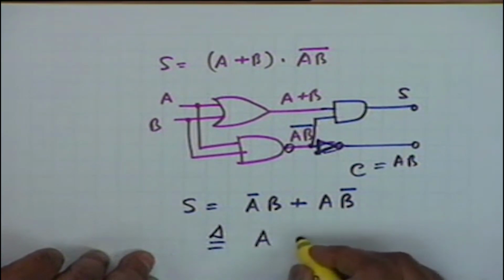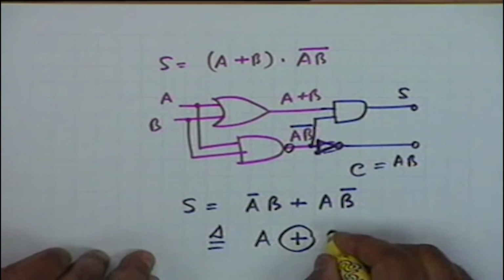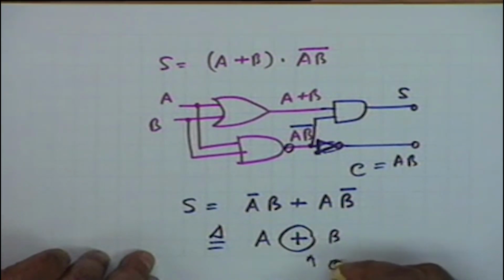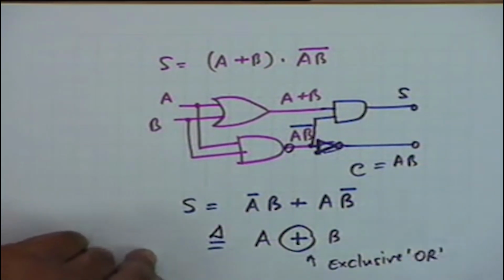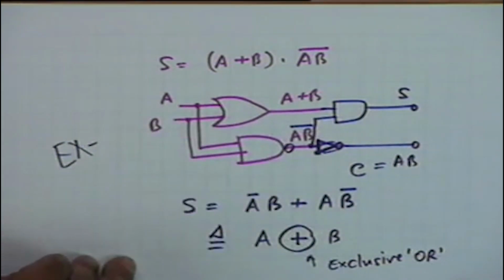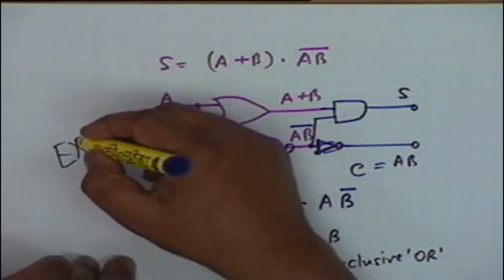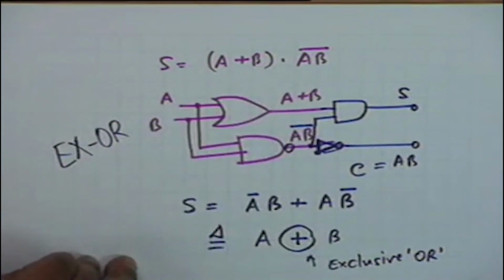That is A, and for exclusive OR you put a circle around the OR, B, and this operation is called exclusive OR operation. Sometimes, in the world of abbreviations, it is also called XOR operation. XOR is exclusive OR operation.